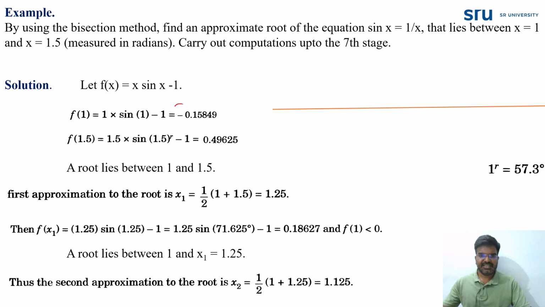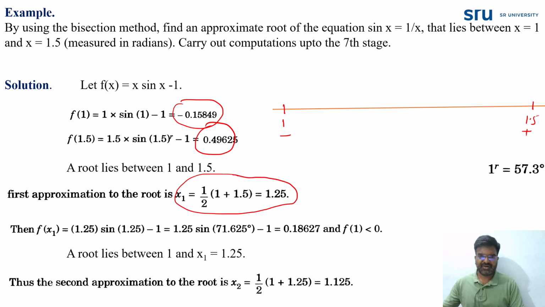At 1 it is negative, at 1.5 it is positive. So you can mark 1 here, it is negative, and 1.5 it is positive. The next approximation of the root that lies in between 1 and 1.5 is the midpoint of 1 and 1.5. See, we are calculating the next approximation.